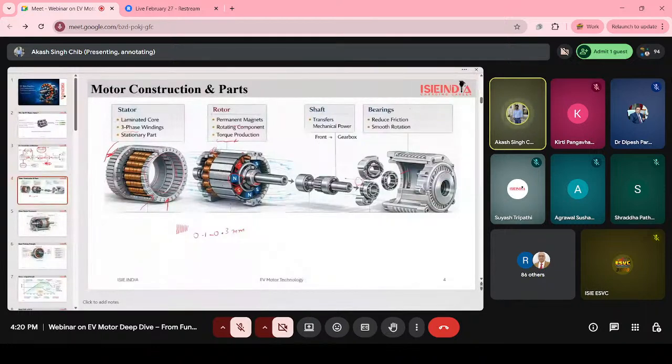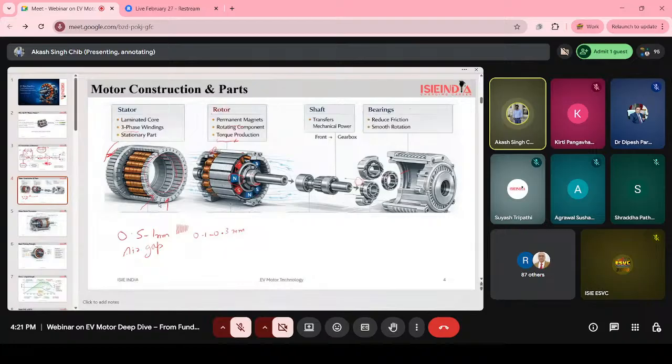In between the stator and rotor part, there is a gap of 0.5 to 1 mm. We call it the air gap between the rotor and the stator part. It is very small, but for increasing the magnetic field and the torque, we have to maintain this gap.